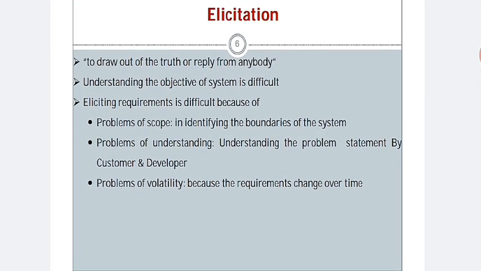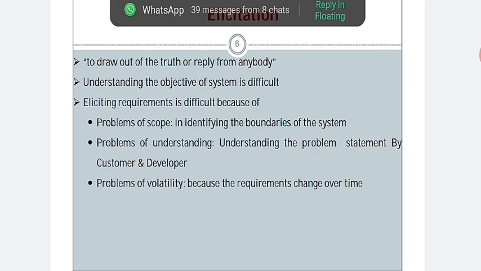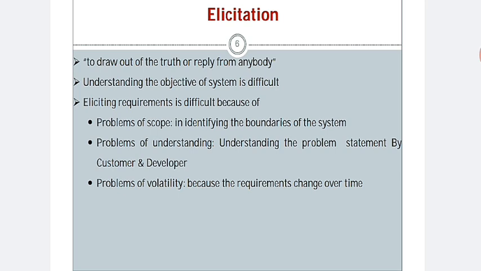Then eliciting requirements is difficult because of a problem of scope in identifying the boundaries of the system. Why is elicitation difficult? Because we cannot identify the boundaries of the software.